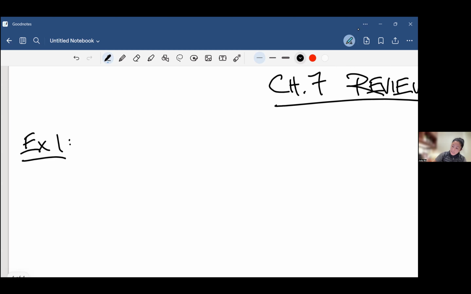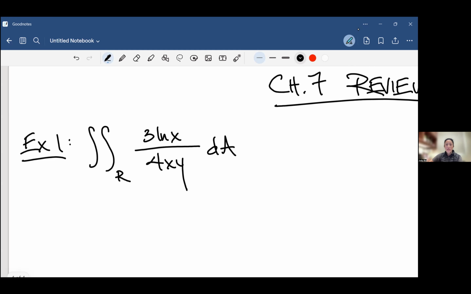All right. So I'm going to write down a double integral. Right? And I know that this is over some region. And the function that I'm integrating is 3 natural log x over 4xy dA. Okay?